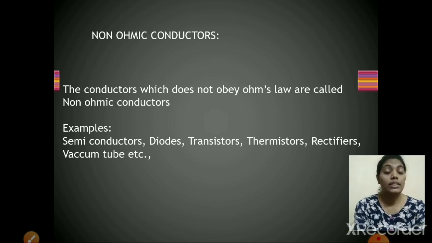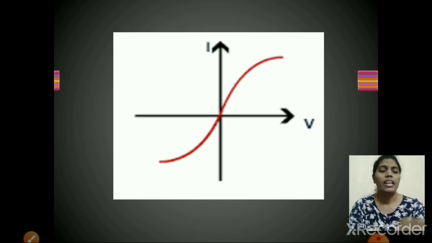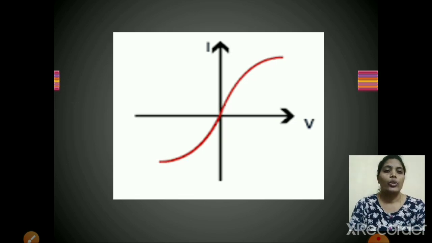As they do not obey Ohm's law, it means I and V are not directly proportional. So they are expressed like, you can see here, the relation between I and V is a curve, which shows us that it does not obey Ohm's law. That is, I and V are not directly proportional.